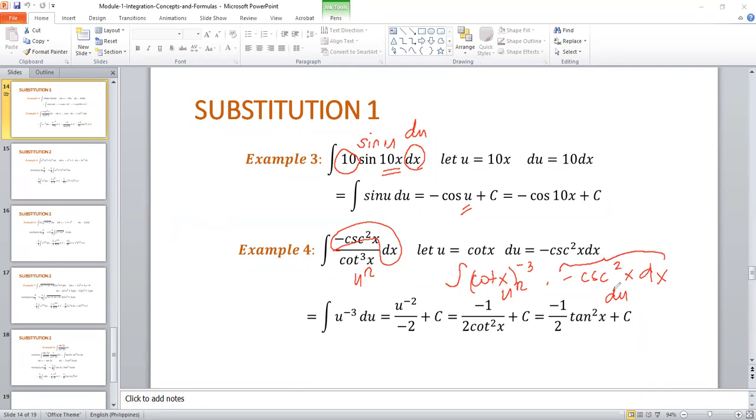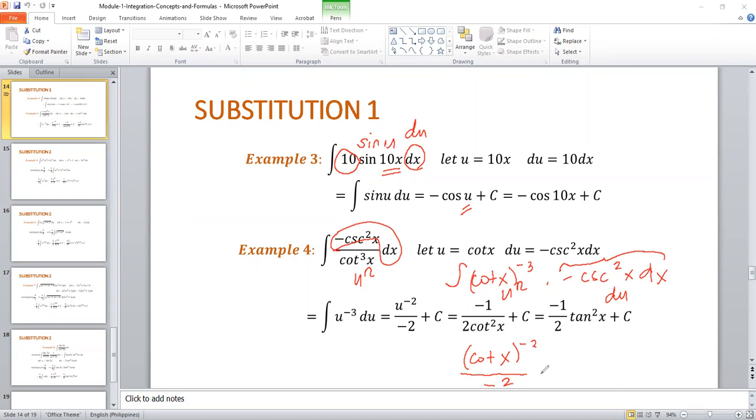So using substitution, you can now use power rule for the cotangent function. Now, if you use power rule, the answer actually is cotangent of x raised to negative 2 all over negative 2. That's power rule, right? With this one as the derivative of your u.